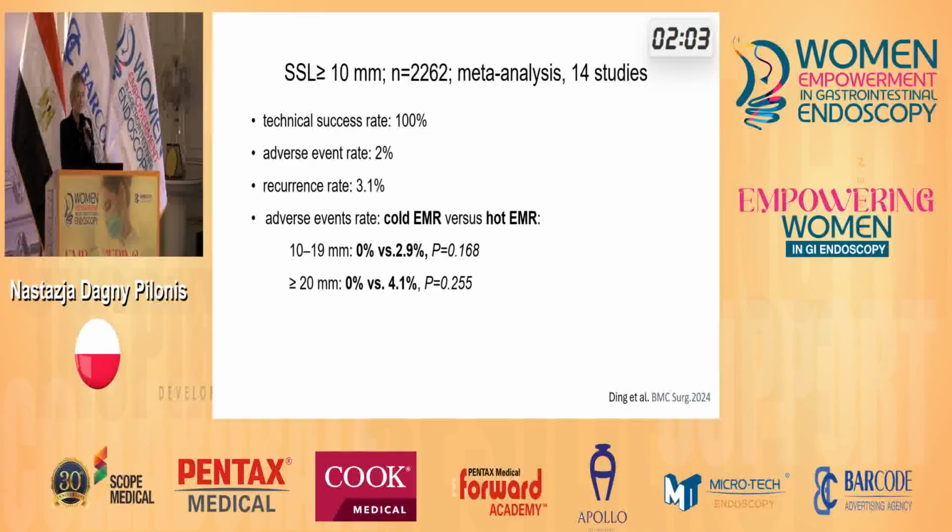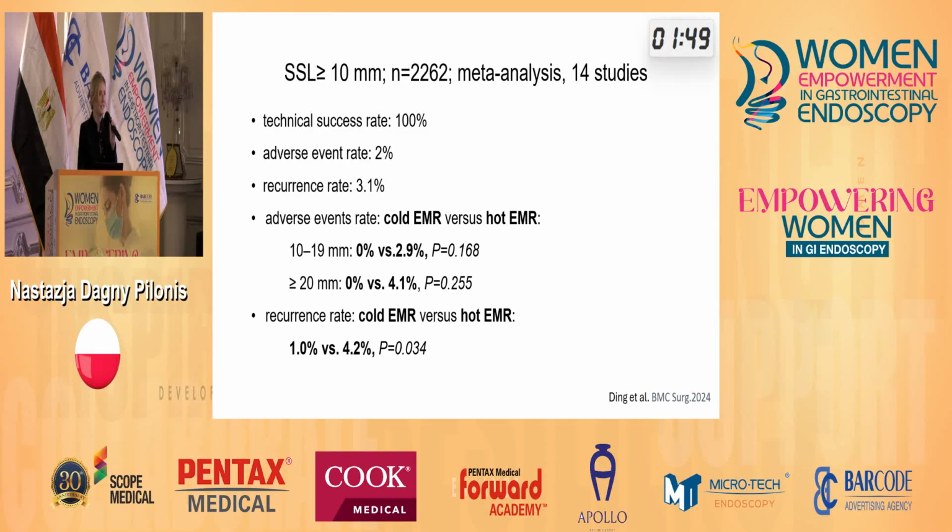Although those statistics are not significant, you can see a tendency for hot polypectomy to be associated with a higher adverse events rate, and for the recurrence rate as well, and this was statistically significant. So hot EMR for those lesions is associated with a higher recurrence rate.